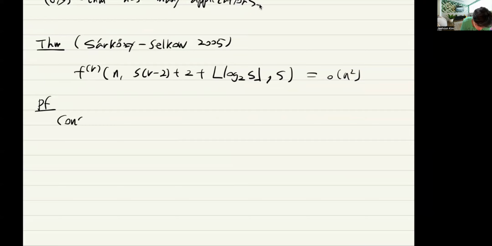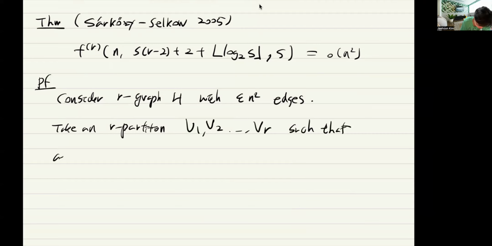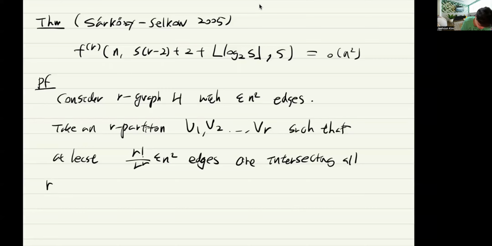So how do we prove it? We consider an r-graph H with say εn² hyperedges. And we take an r-partition B1, B2, to Br such that at least r!/r^r times εn² edges are between these r parts, intersecting all r sets at one point each.